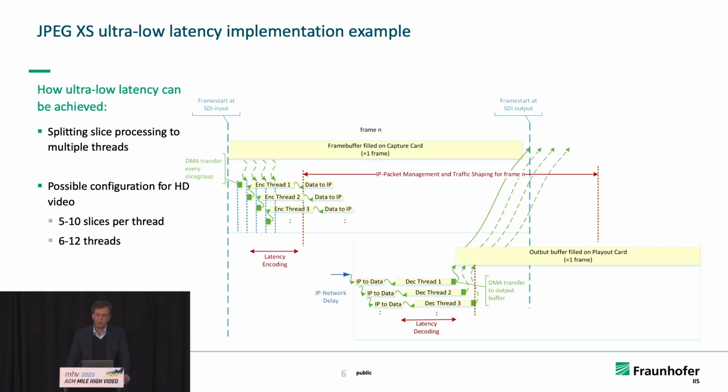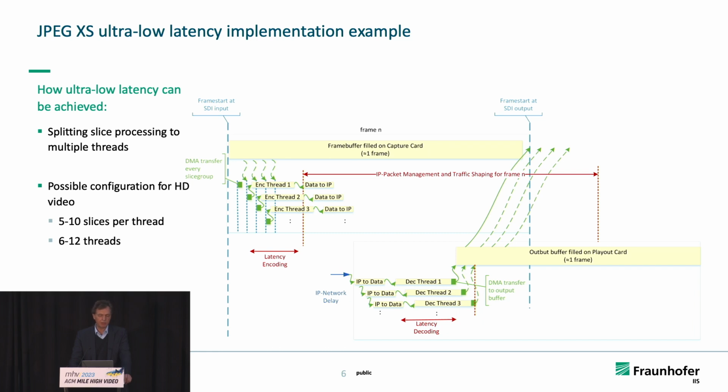With this design, we can reach ultra-low, or I would say real-time latency, and we have realized this in a prototype implementation. It's a kind of waterfall implementation. So we combine multiple slices into one slice group, and then we process a slice group per thread.